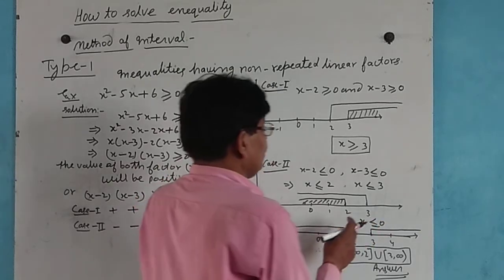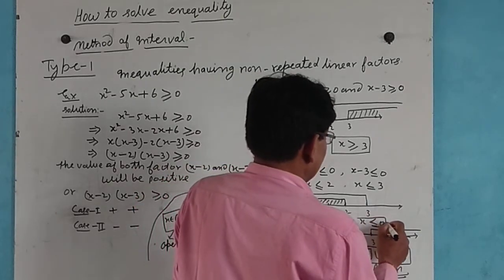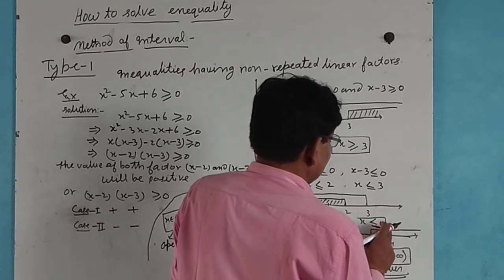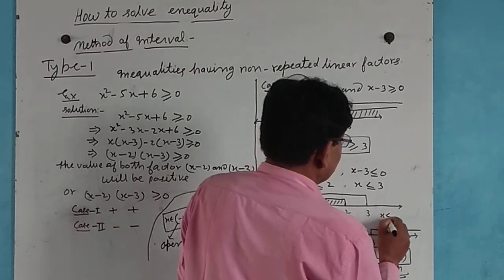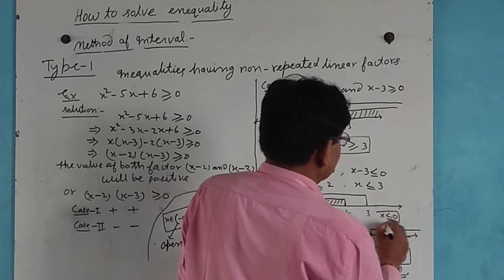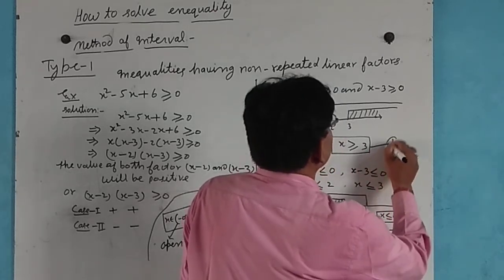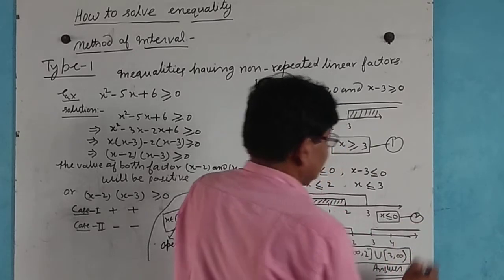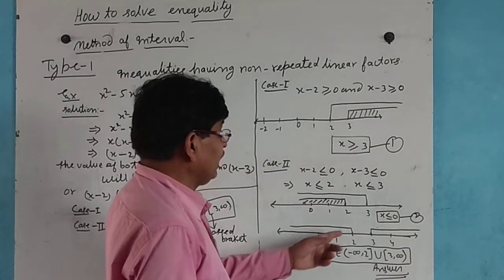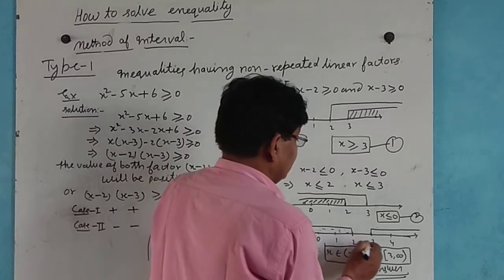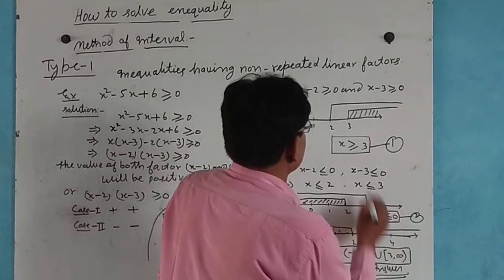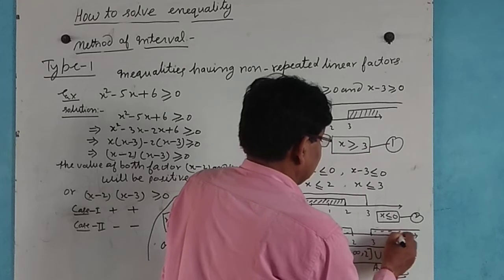It means that we summarize: this part and this part together, we get these portions and these portions.